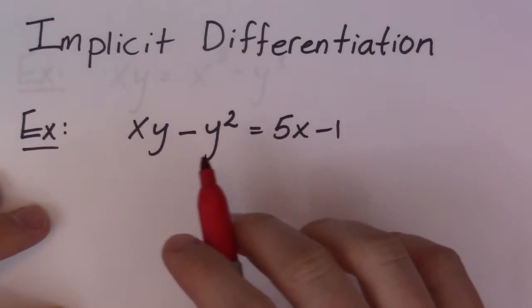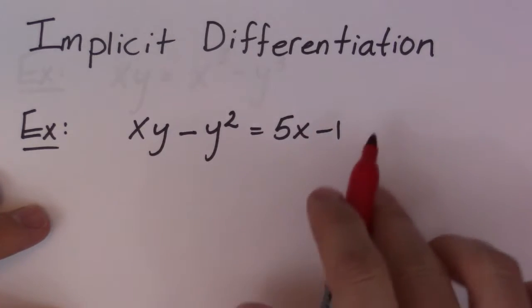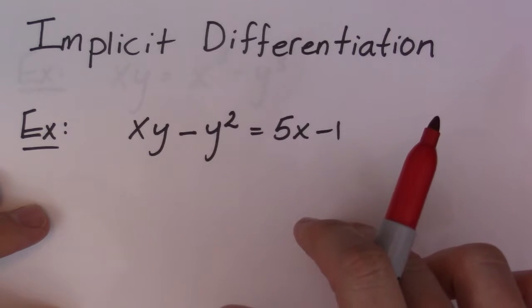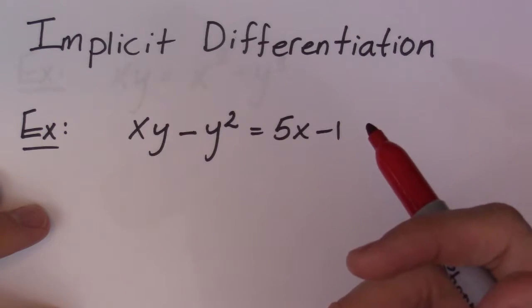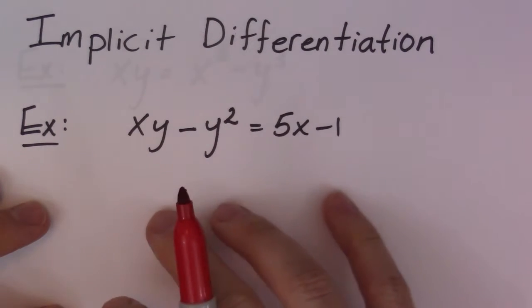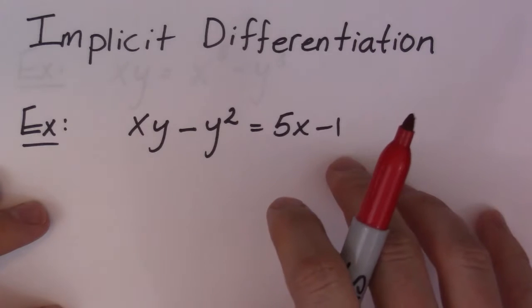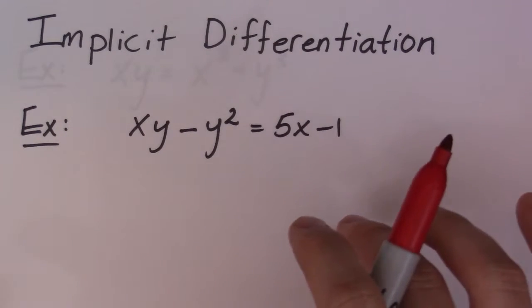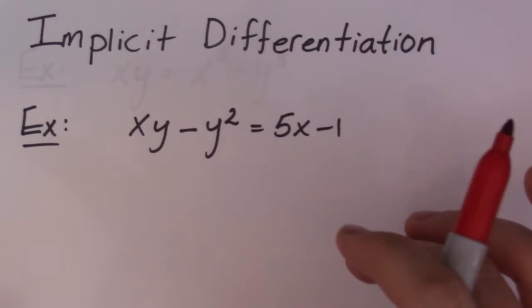An implicit function doesn't have a y equals, which makes it a little harder to take the derivative of. So we have to use a little more care, because these derivatives aren't that difficult, but they do take a little more finesse.